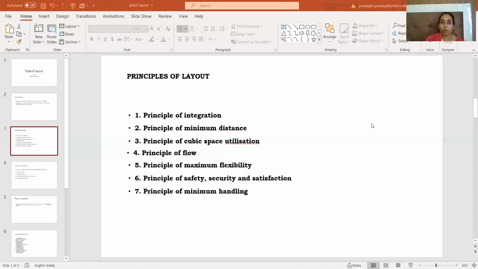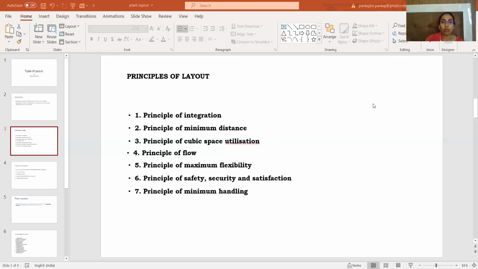A good layout gives due consideration to workers' safety, satisfaction, and safeguard of employees while working on plant, machinery, and big equipment. The next principle is the principle of minimum handling.